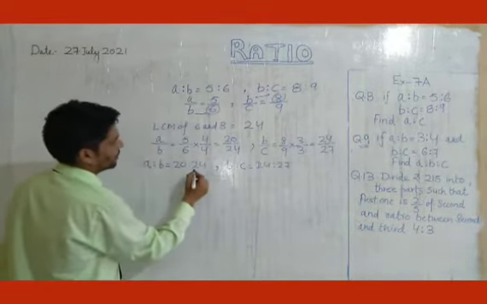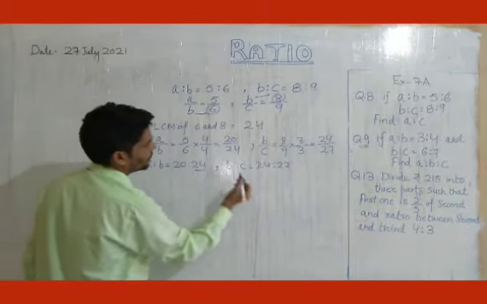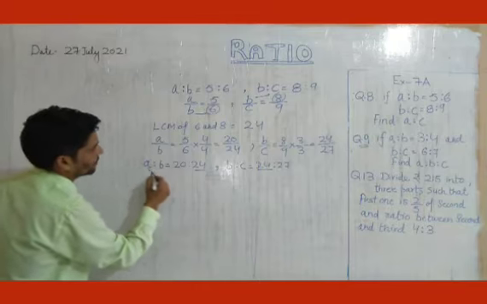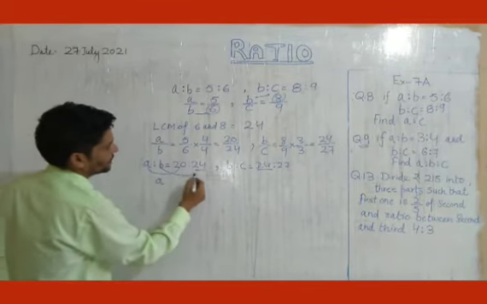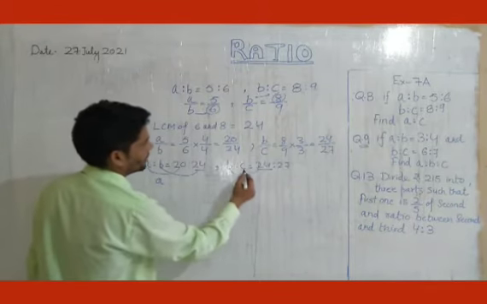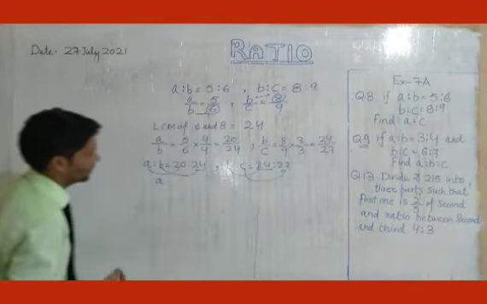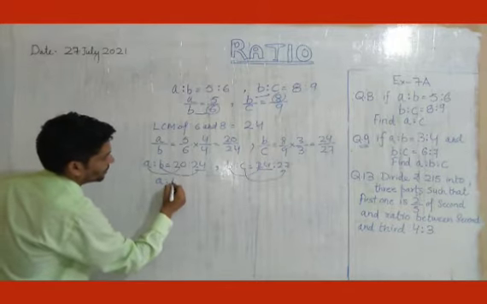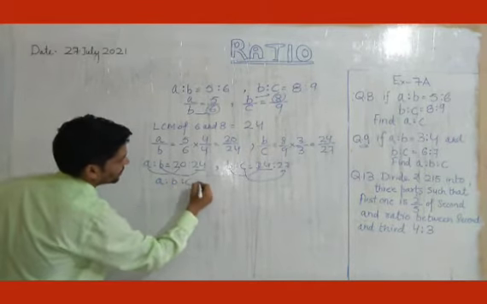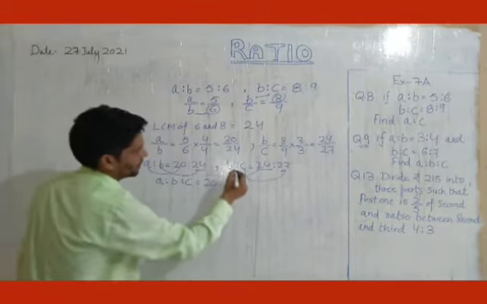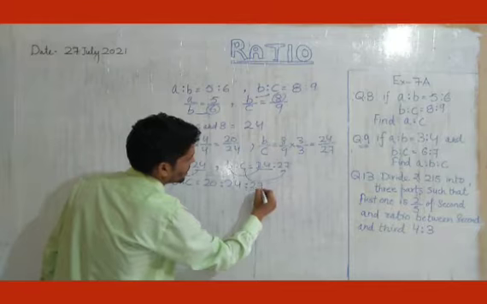Now the value of B is 24 in both, the same. So we can write A is 20, B is 24 and C is 27. Therefore A ratio B ratio C comes 20 ratio 24 ratio 27.